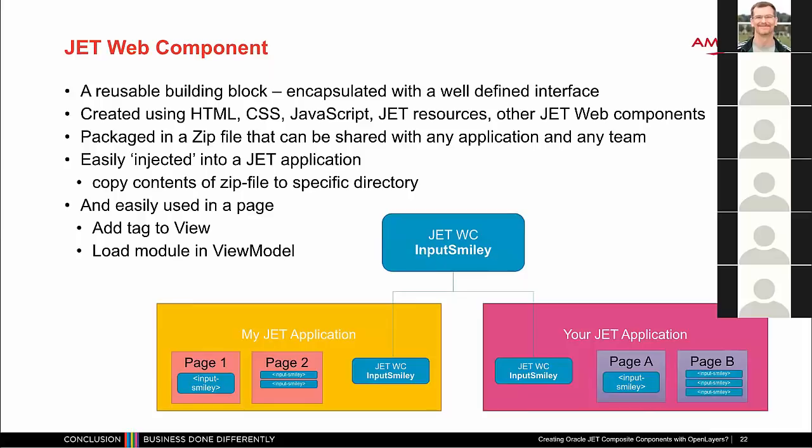Once the input smiley resources are in my JET application, I can start using the input smiley tag in one page or multiple pages. I can configure the use of each component in each application in each page, just like a regular JET component, only this one hasn't been created by Oracle, but by my own team or by another organization or anyone in the community. Next slide, please.